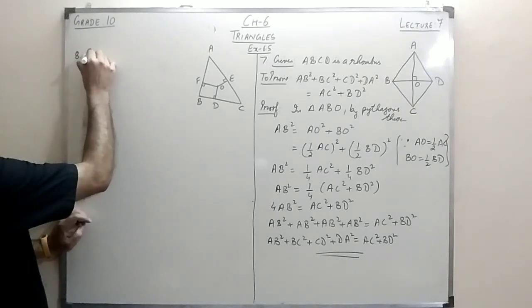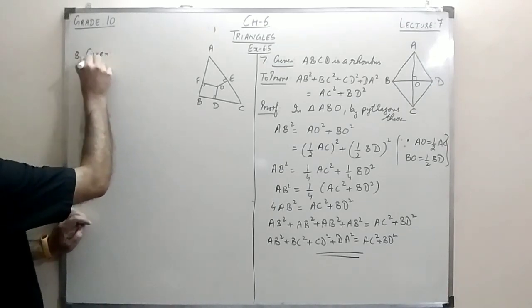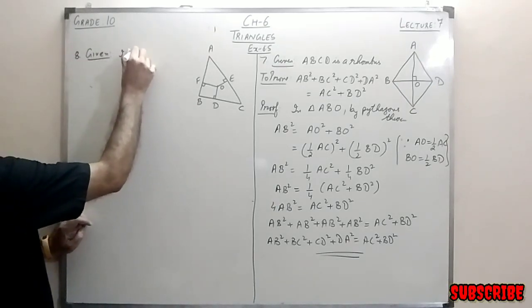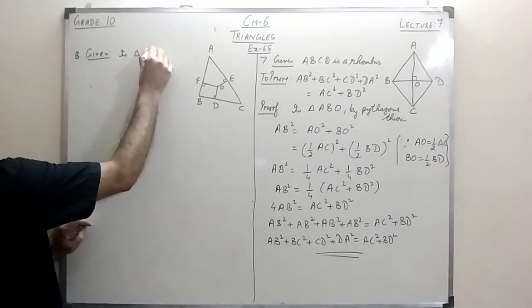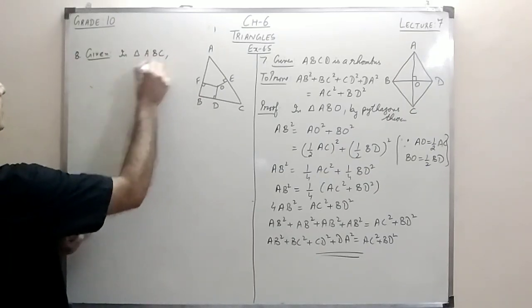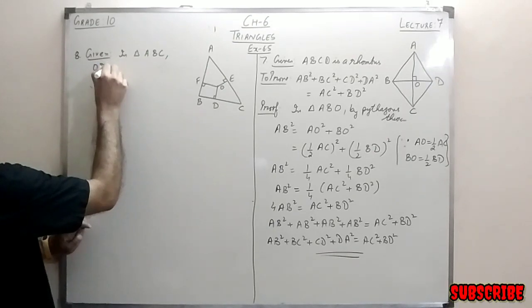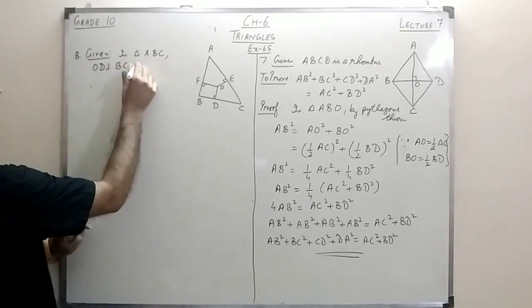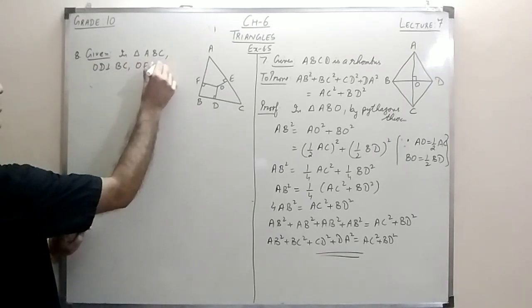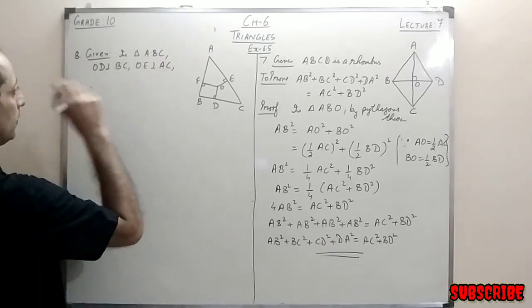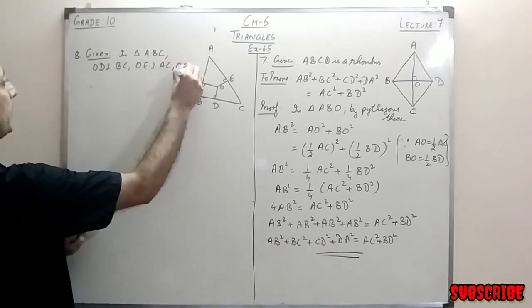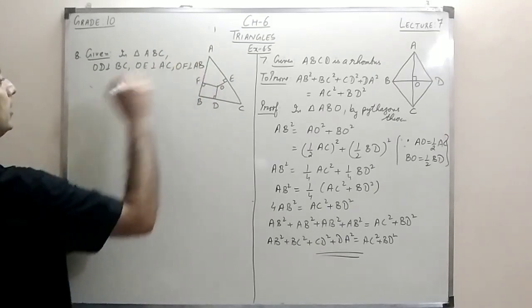So, in triangle ABC, I write OD is perpendicular to BC, OE is perpendicular to AC, and OF is perpendicular to AB.